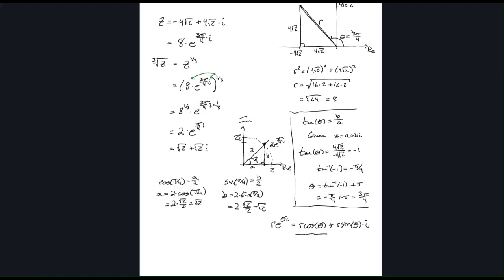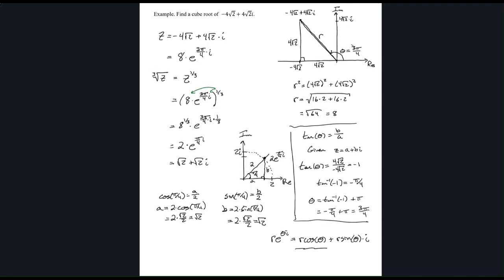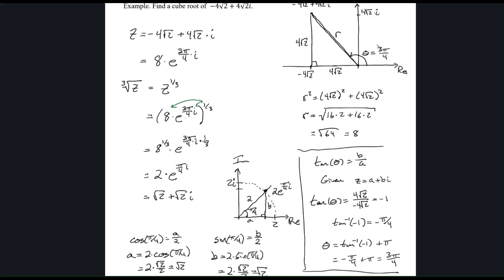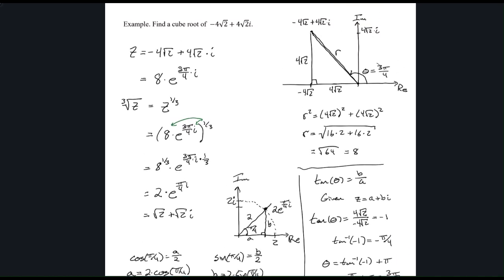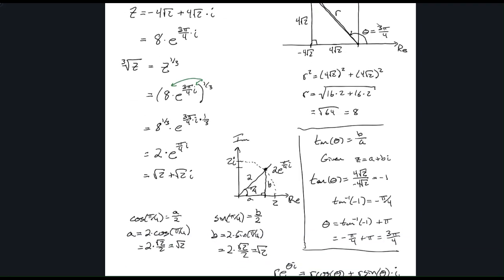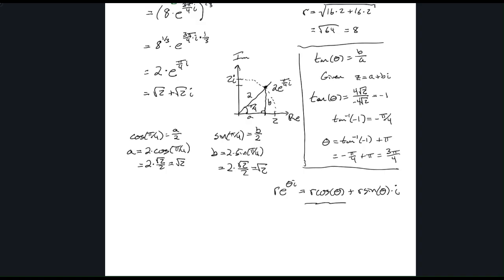If we go back to solving for this angle, we could actually rewrite that. Instead of just 3 pi over 4, we could say that theta equals 3 pi over 4 plus 2 pi k for all of the other solutions.